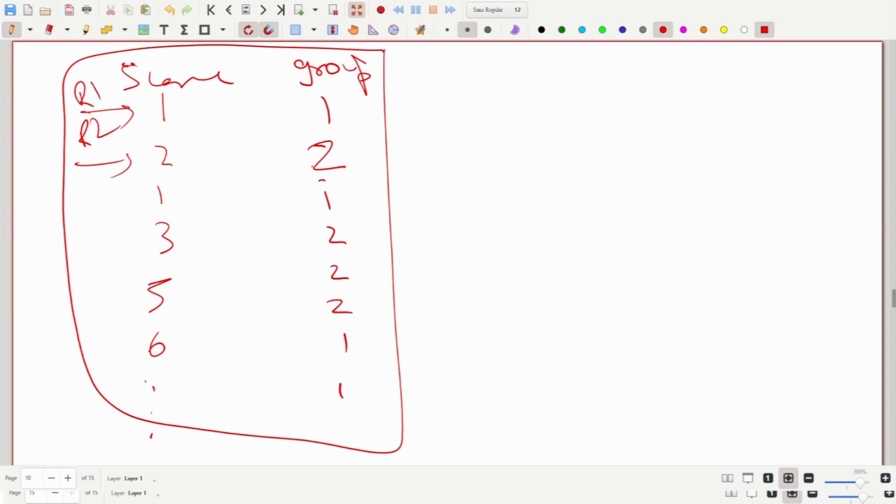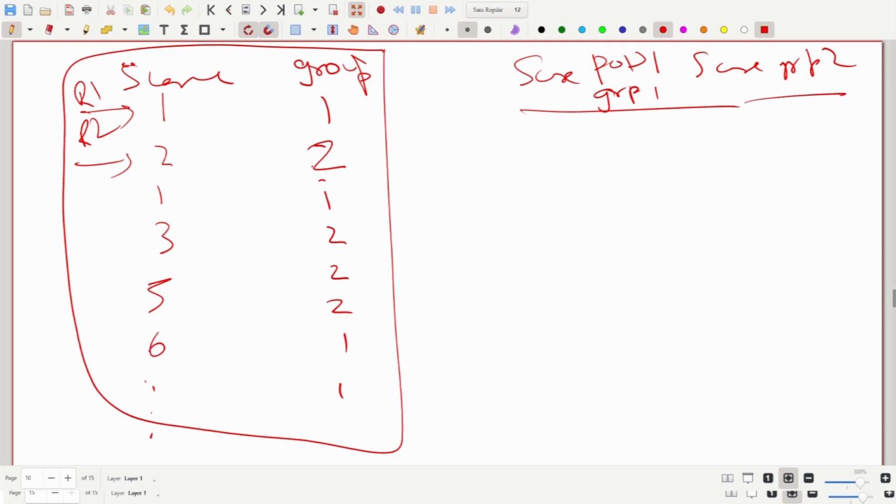Okay. If we have the same subject, then we have data like this: score of population 1 or group 1, score of group 2 or treatment 2. Please understand, this grouping is not actually a grouping, this is actually a condition. So you have to say treatment 1, treatment 2. Why did I write group? Because this is what common parlance talks about.